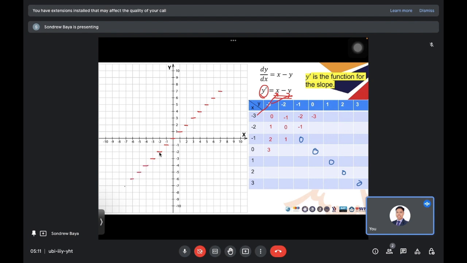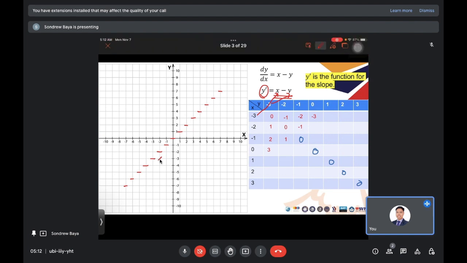Now, similarly, here we could find out that at negative 2, negative 3, slope is positive 1. Where is it? Negative 2, then negative 3. This one, slope is equal to positive 1. So we can make somewhat approximate 45 degrees.